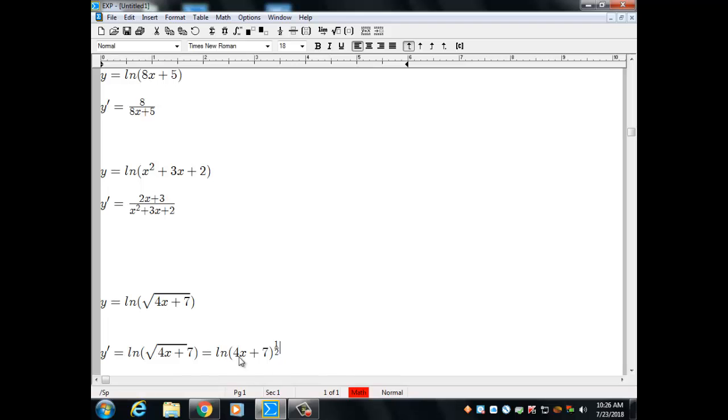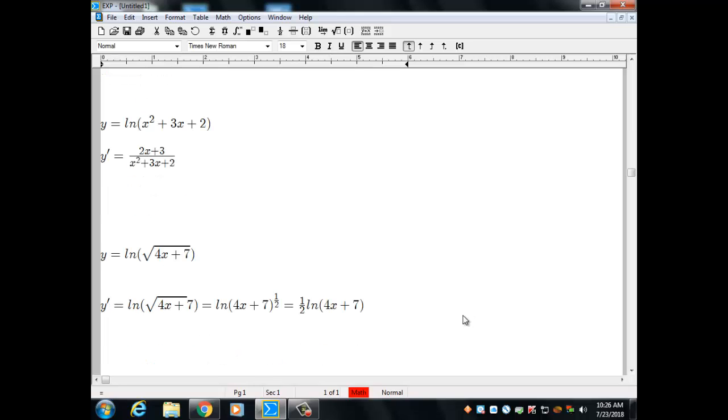Let's write it as ln of 4x plus 7 raised to the 1/2. Why do I want to do that? What do the properties of logarithms tell me? That I can write that as 1/2 ln 4x plus 7, yes? That the exponent can come out in front of a log, okay?